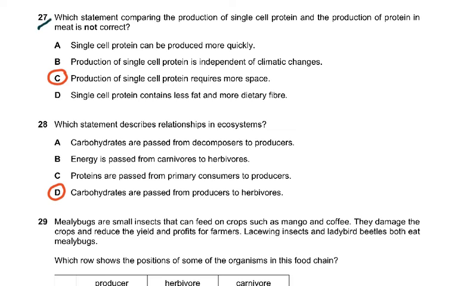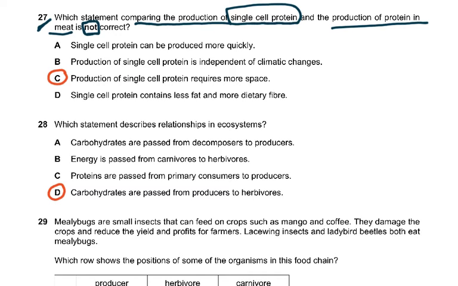Into question number 27, which statement comparing the production of single cell protein and the production of protein in meat is not correct? So single cell proteins are those microorganisms which we grow in laboratories, but we get proteins.